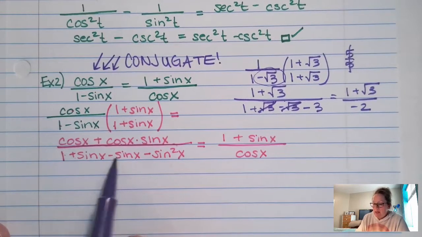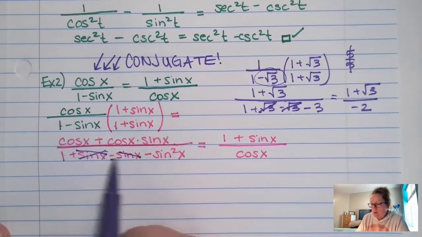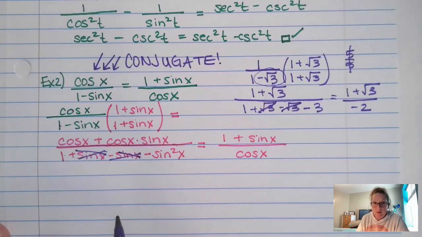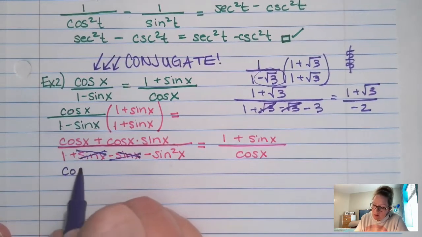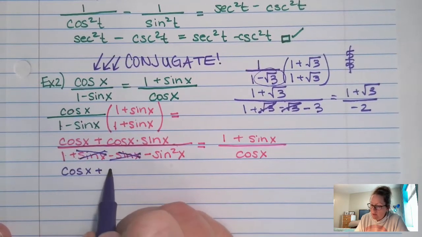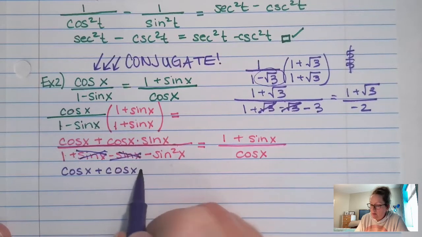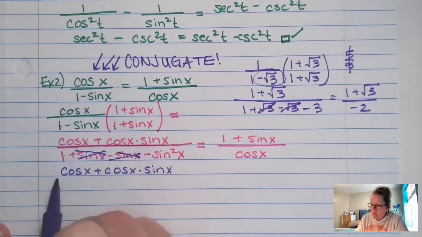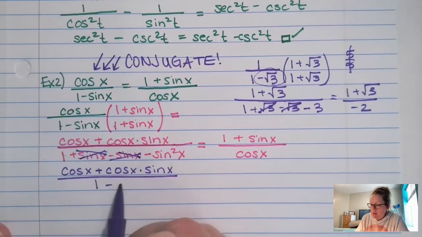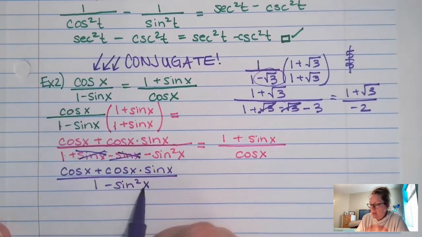Plus sine, minus sine: those cancel out, which is the whole reason why we did the conjugate. So we're left with the numerator, where we can't really do much, and then we have 1 minus sine squared x.